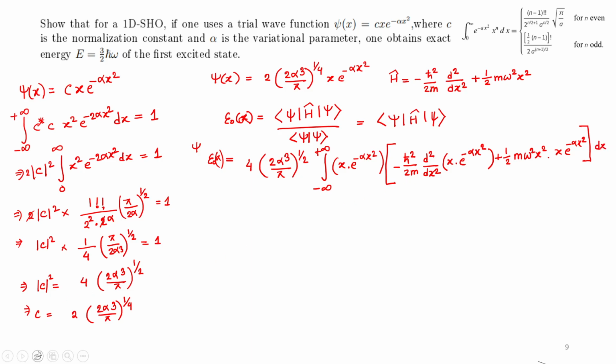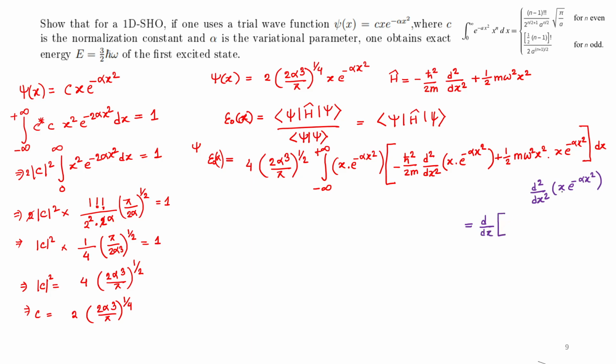So first we need to calculate what d2 dx2 of x into e to the power minus alpha x square is going to be. Obviously, we are going to do it two times.